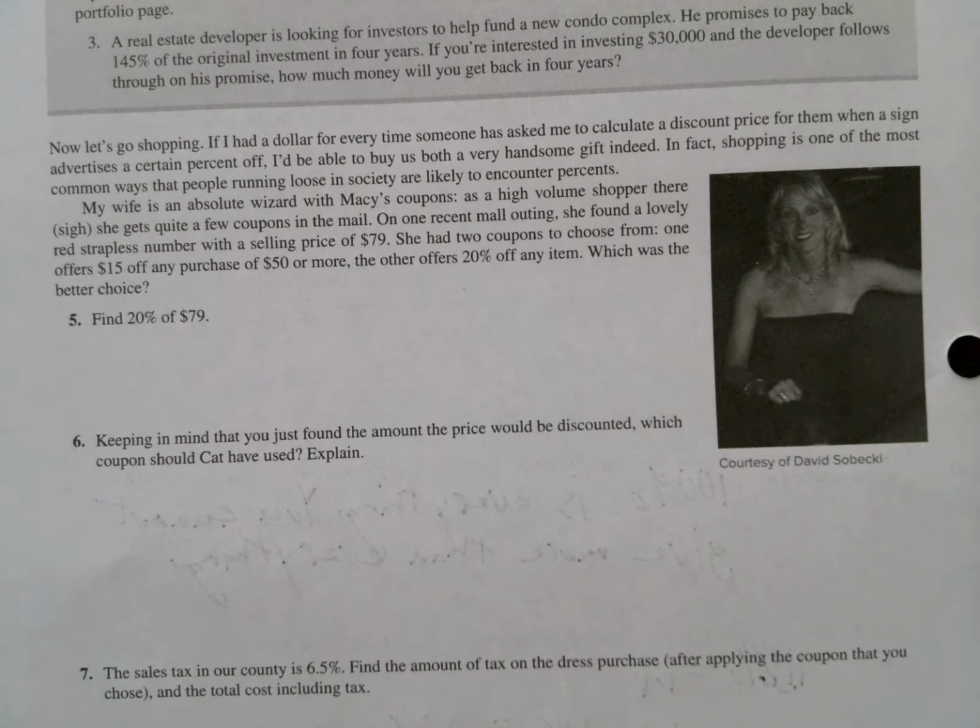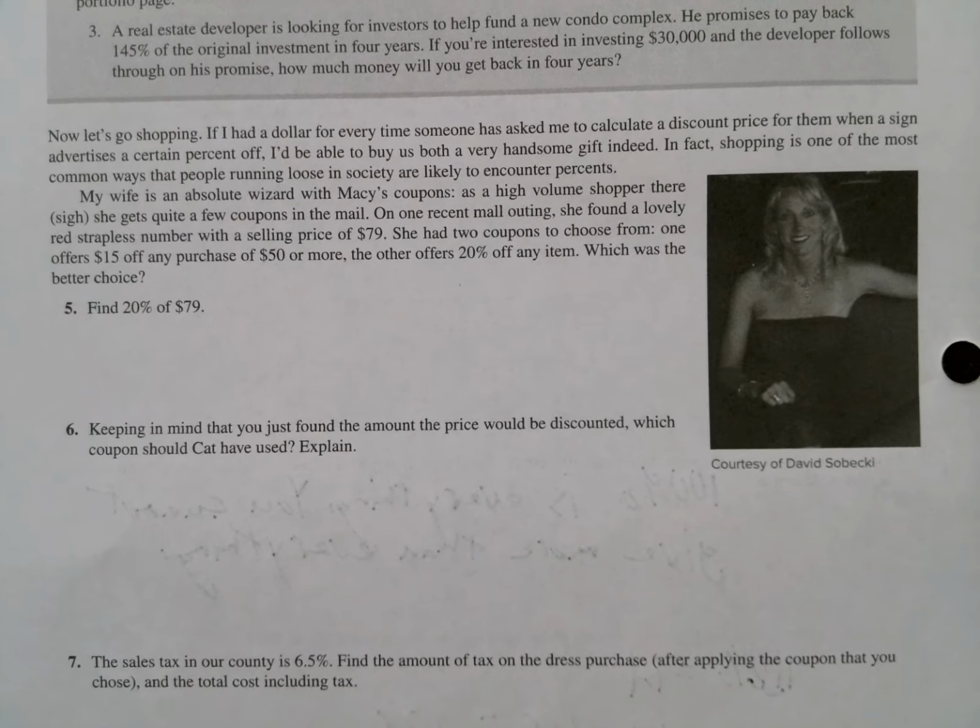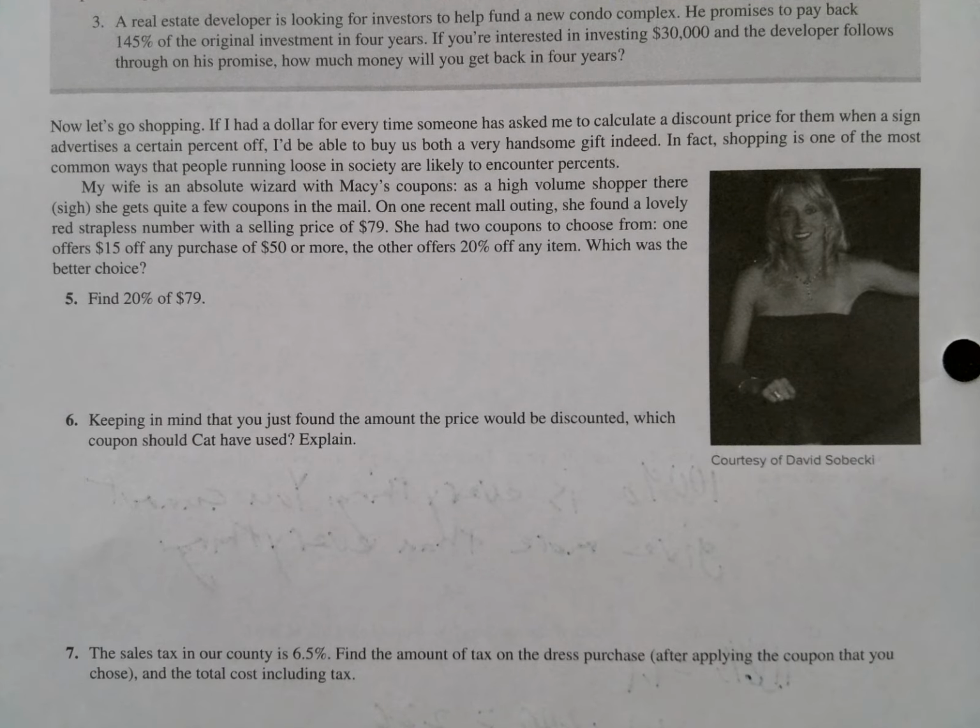In fact, shopping is one of the most common ways that people running loose in society are likely to encounter percents. My wife is an absolute wizard with Macy's coupons. As a high volume shopper there, she gets quite a few coupons in the mail. On one recent mall outing, she found a lovely red strapless number with a selling price of $79.